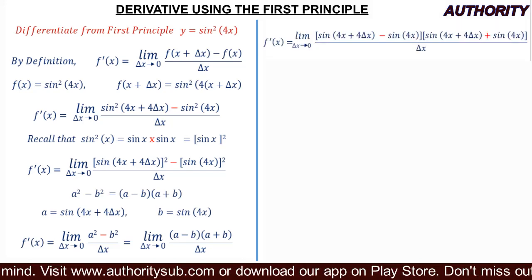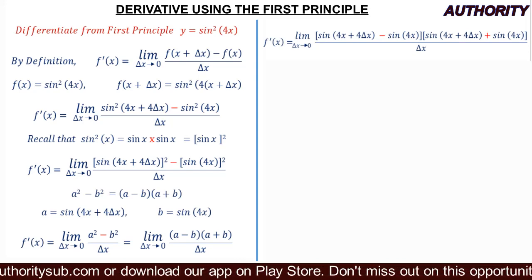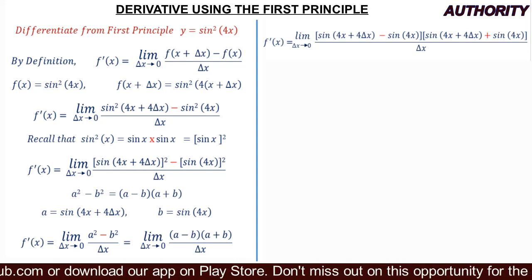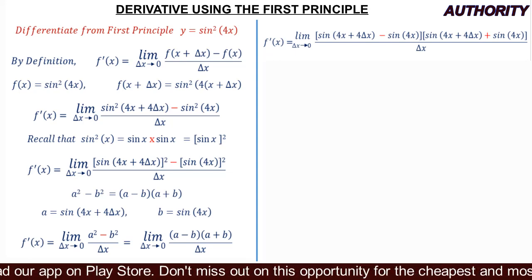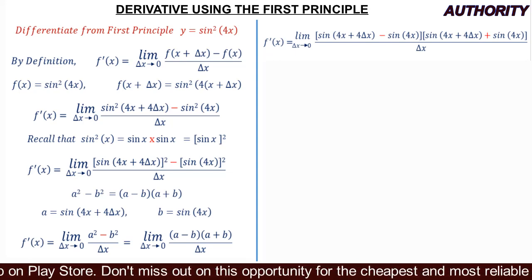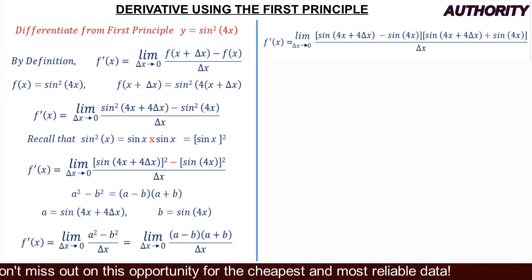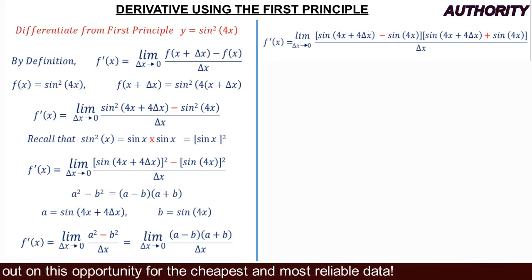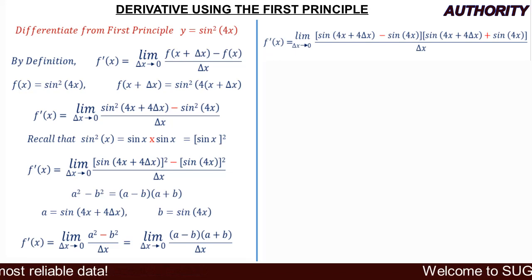So we have f prime of x is equal to the limit as change in x approaches 0 of [sin(4x + 4 change in x) minus sin 4x] in bracket, multiplied by the next bracket, [sin(4x + 4 change in x) plus sin 4x], all over change in x. Are we together?